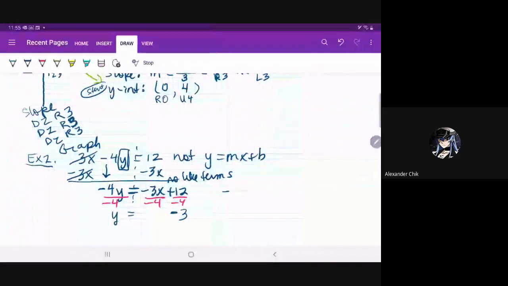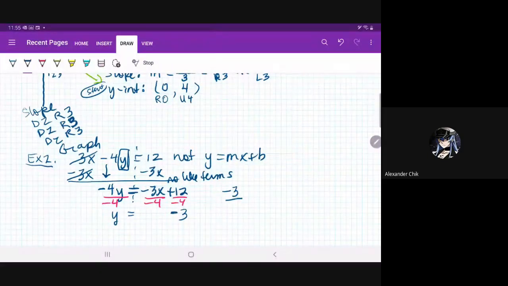Now, negative 3 divided by negative 4 is a negative divided by a negative. So what's a negative divided by a negative? Yeah, so you actually get positive 3/4 x.